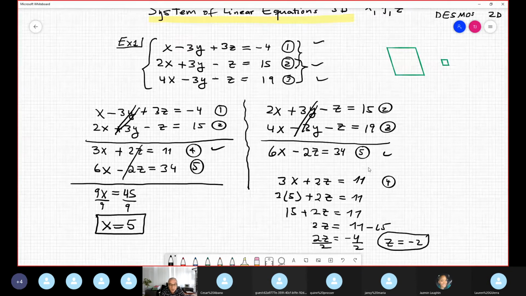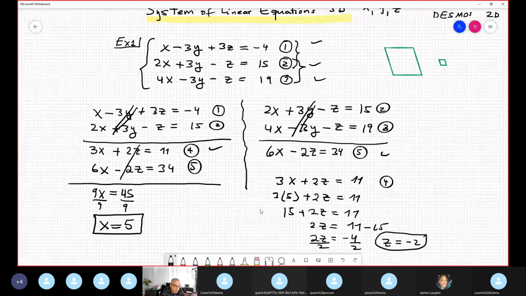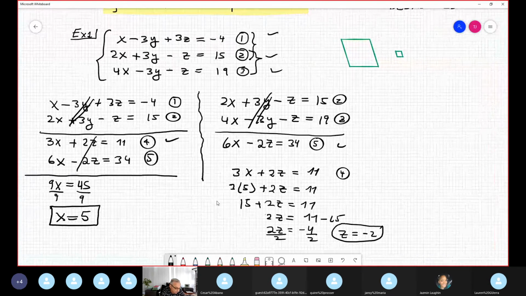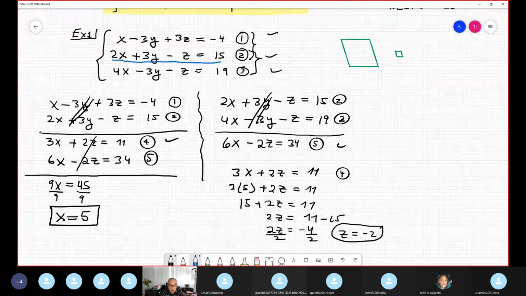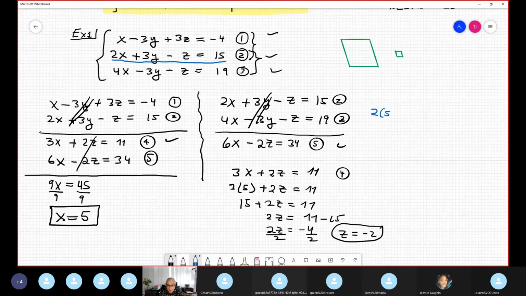And you plug it in the original equations, maybe in equation 1 or equation 2 or equation 3. I don't remember the reason I selected equation 2, but in this case, it doesn't matter. It's 2 times x, which I know is 5, minus 3y, which I have no idea what y is, minus z, which is negative 2.